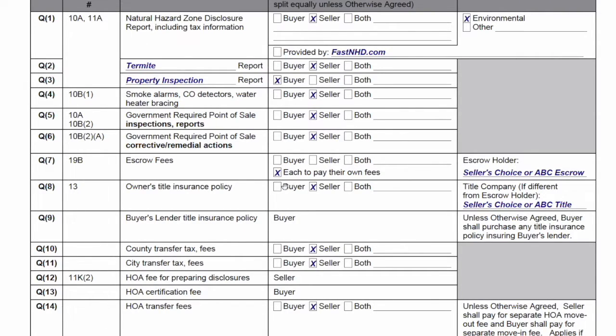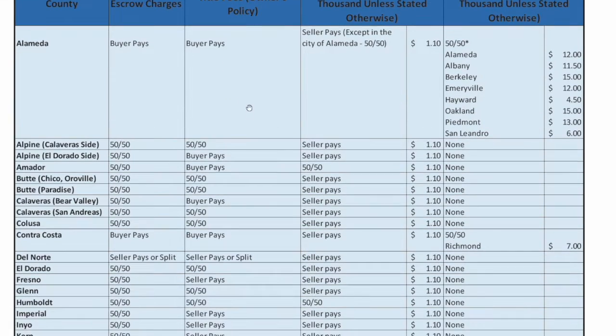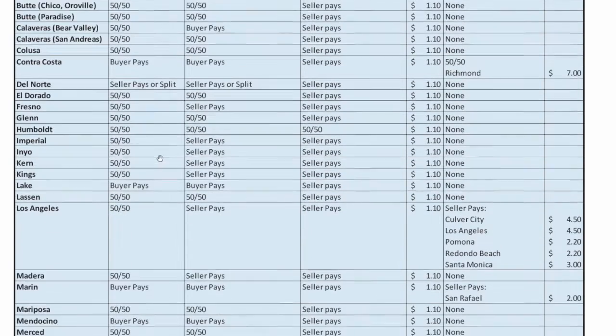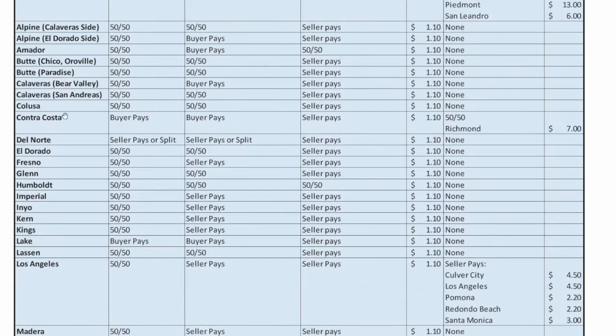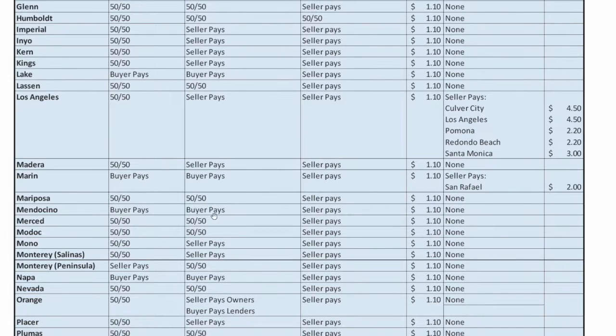Escrow. Who pays for escrow fees and who pays for title insurance? Well, I have this wonderful handy allocation of closing costs. And what you can learn quickly by looking at this sheet is that every county in California has their own customary allocation of closing costs.